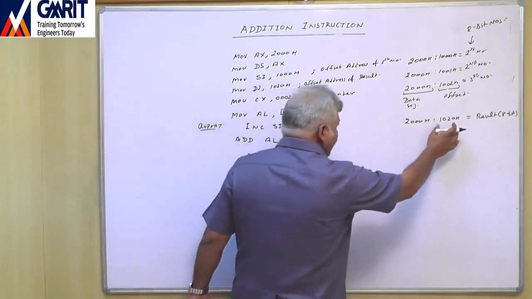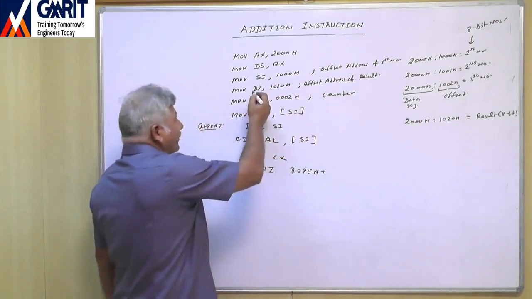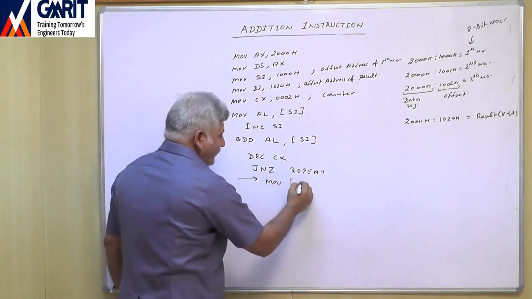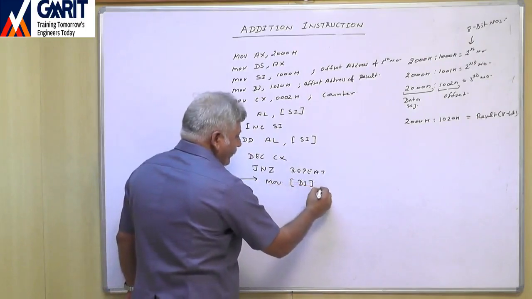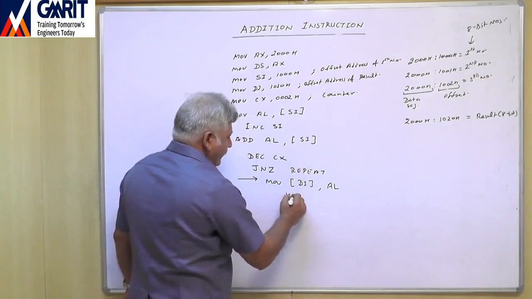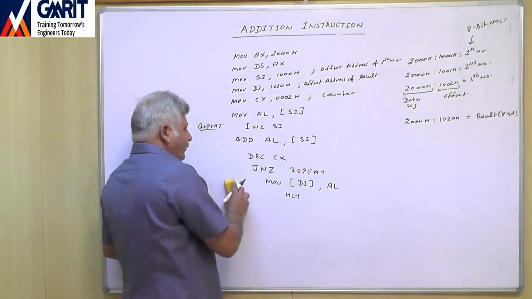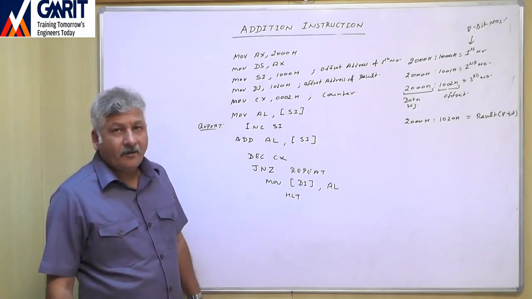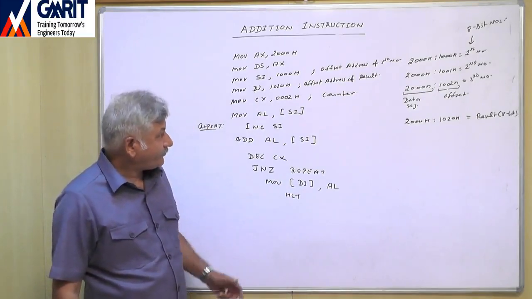You have to store at 1020. That address we already stored in DI. So here I write simple instruction move within bracket DI comma AL. And after this halt. So in this way 3 numbers addition will be completed, right?